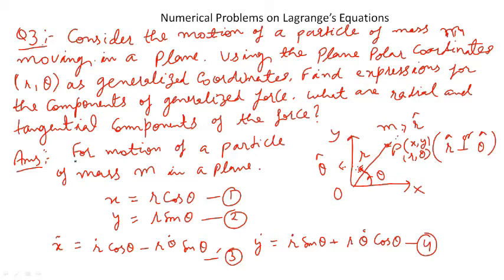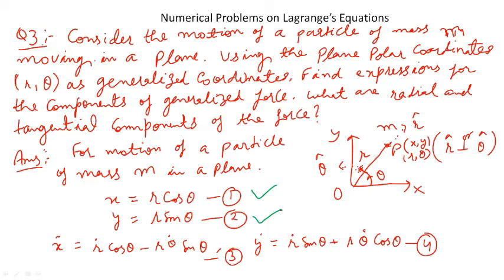Now, as you know that for the plane motion, we can correlate Cartesian coordinates with the polar coordinates, such as x is equal to r cos theta and y is equal to r sin theta. Here you can see that particle of mass m is placed in this xy plane. Its Cartesian coordinates are x and y, and polar coordinates are r and theta.